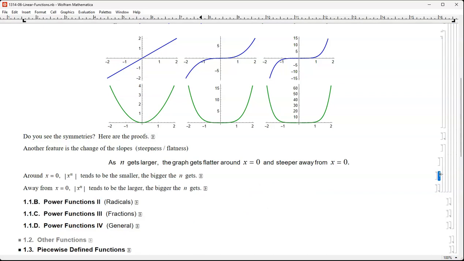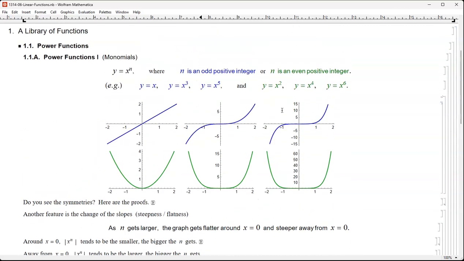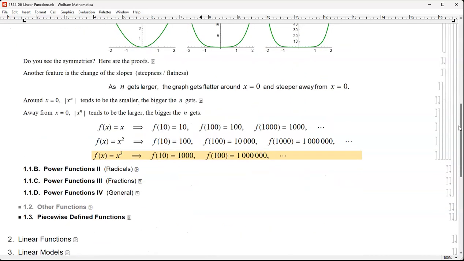Now, if you move away from the origin, things are opposite. Consider x values 10, 100, and 1000. First power, they stay the same as 10, 100, 1000. If I square them, you get 100, 10,000, and a million. And to the third power, you see the picture. They're going to grow far more quickly. And then if you look at these graphs, growing like this versus getting steeper, steeper, steeper, even steeper, you see those kinds of behavior.